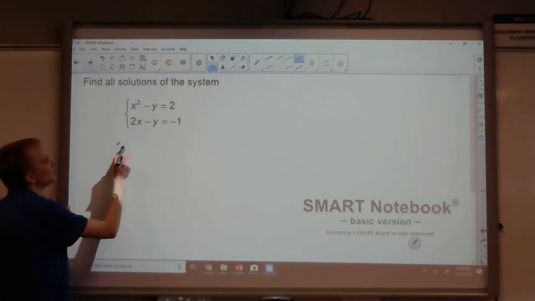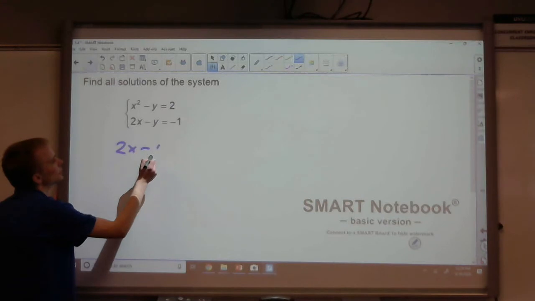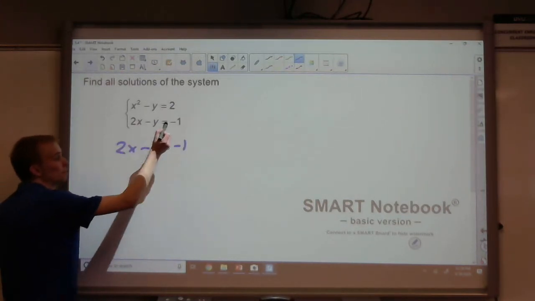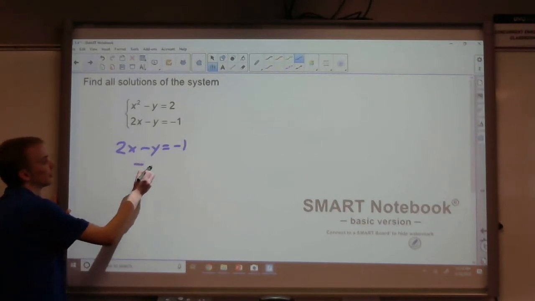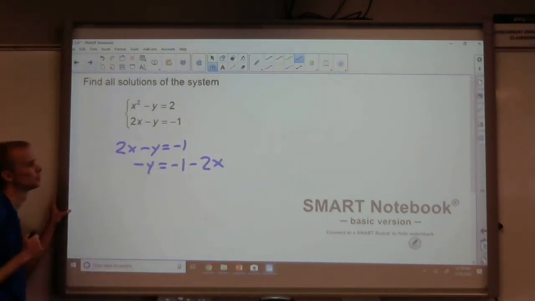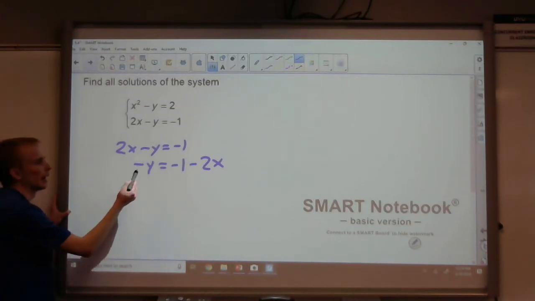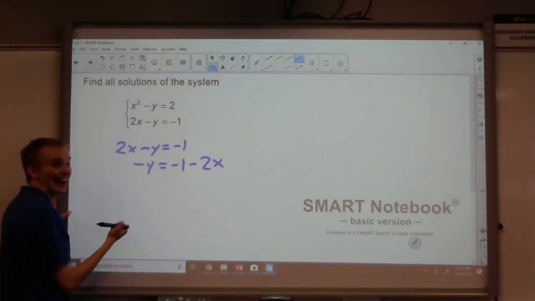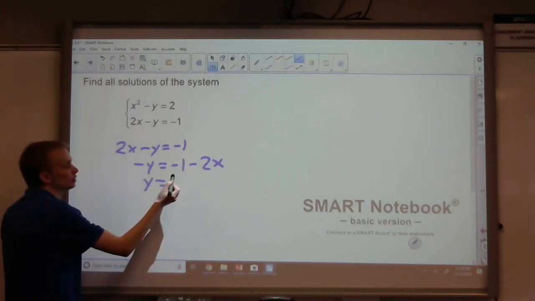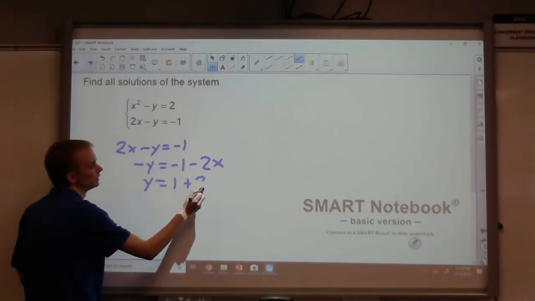We get 2x minus y is -1 is what we're starting with. To solve for y, I'll move the 2x over. So I get -y is -1 minus 2x, right? Then I'm going to divide by the negative on both sides. So I get y is, that'll just switch both of these signs.